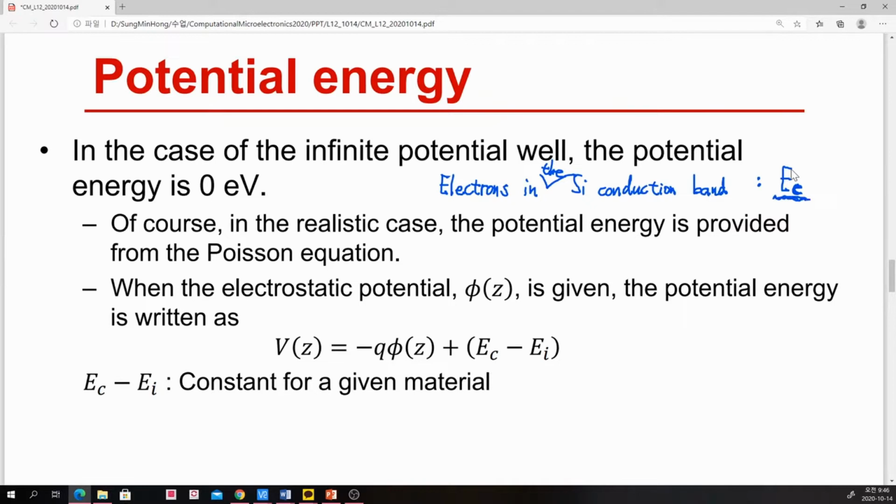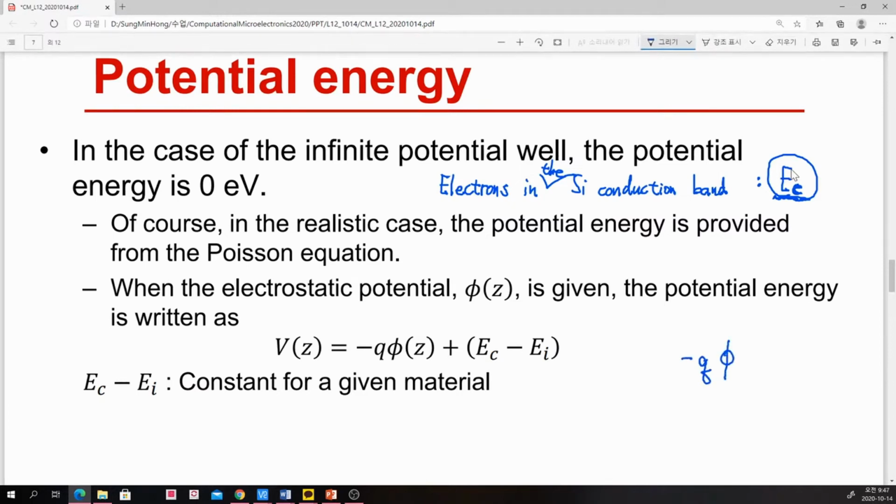So we have to find EC, but in our convention, finding EC is quite easy, because by multiplying minus q to the electrostatic potential, you get the intrinsic Fermi level of your reference material. Your reference material would be just silicon, I guess.